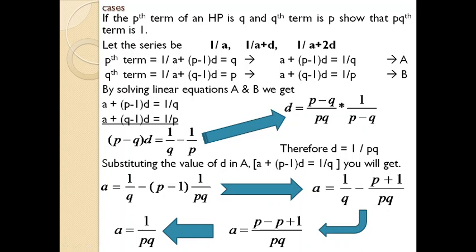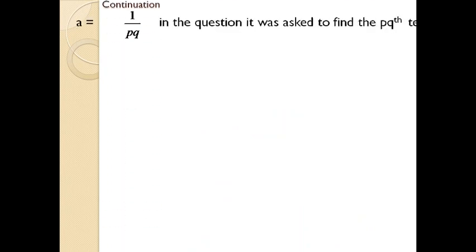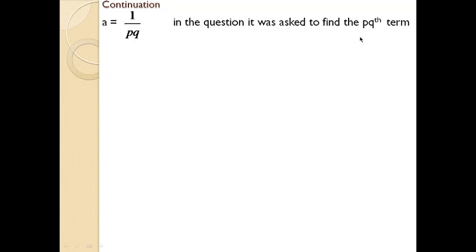On the basis of analysis and the various steps and computation which we have followed, we can say that the value of a is 1 by pq, and in the question it is asked to find the pqth term.